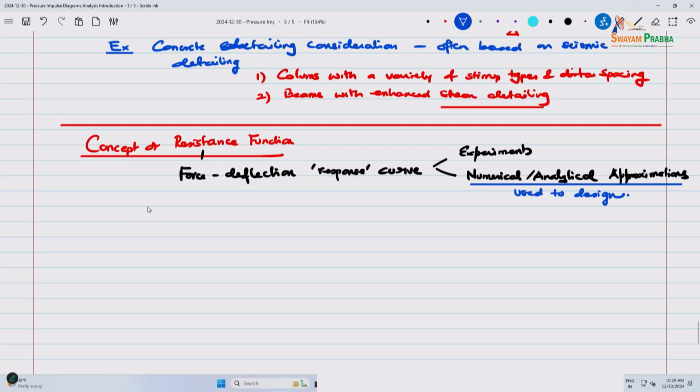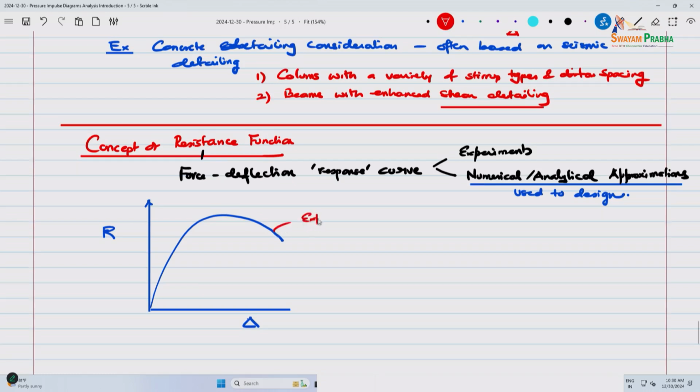So, for example, if you look at RC, this is R versus delta. If your numerical curve or your experimental curve looks something like this, then for SDOF purposes, using non-lin, you can break it down into 3 different stiffnesses to be incorporated.